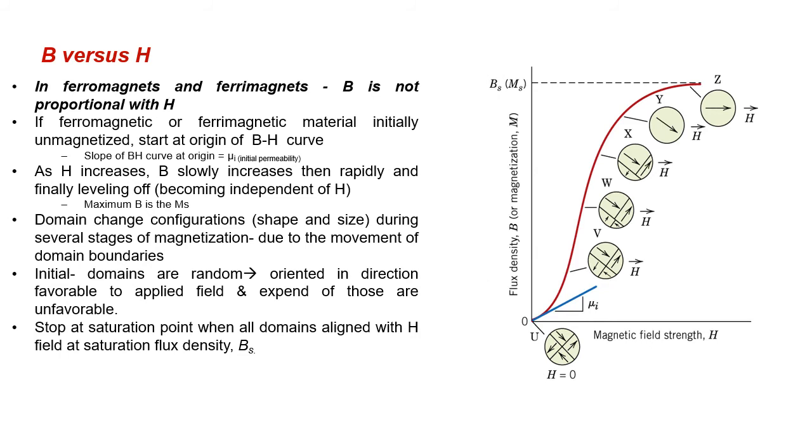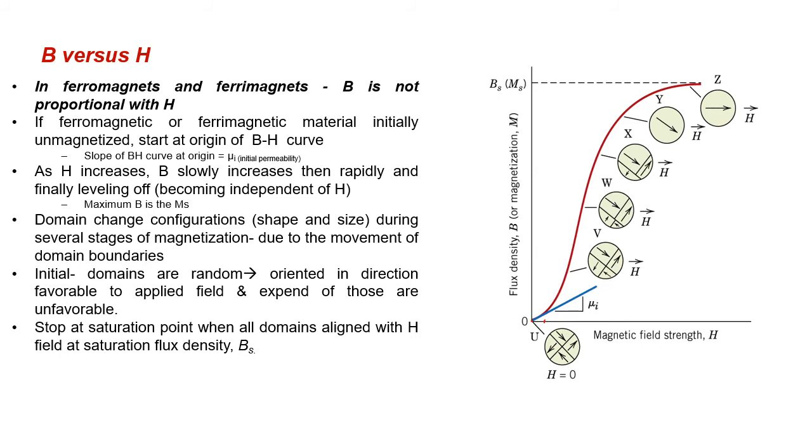We start at the origin where H is 0. When we apply the magnetic field strength H, the flux density will also increase by the mu i, or the initial permeability.